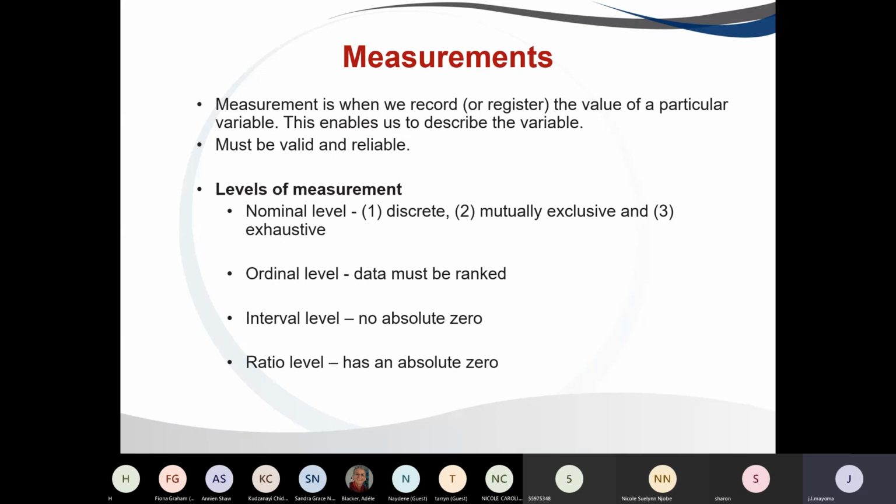Just a note for those who were not here, these terms and concepts are very important to remember. They do come up quite a lot in the assessments. So please make sure that you have a good understanding of the nominal, ordinal, interval, and ratio levels, and how to distinguish or differentiate between them, right?